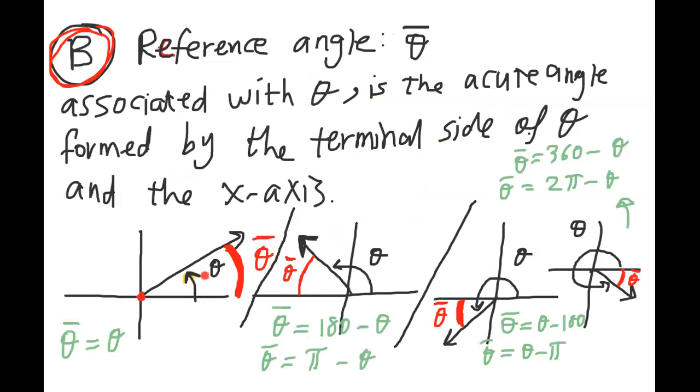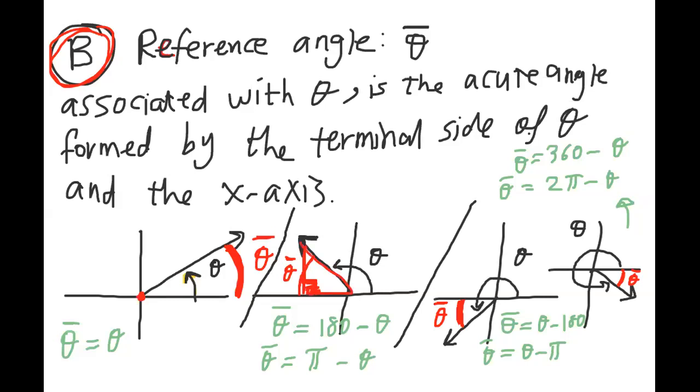If my angle is between 0 and 90 degrees, the reference angle will be the same angle. If my angle is in the second quadrant, the reference angle will be 180 minus theta. What does it mean that this is my reference angle? Actually, I make a right triangle, and this is my right triangle.